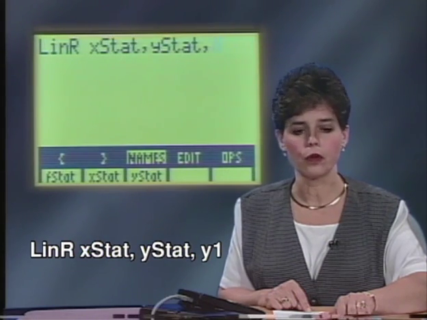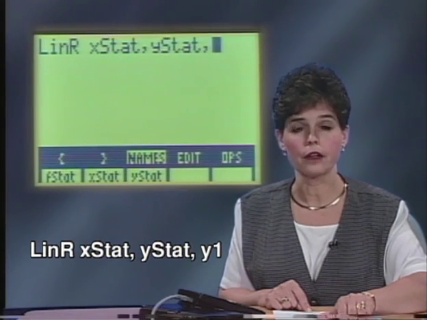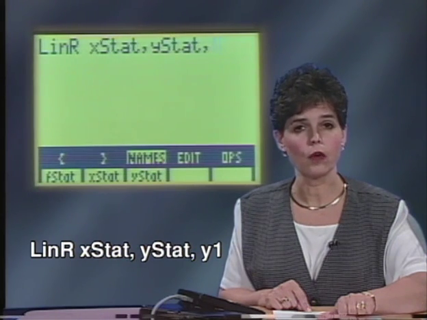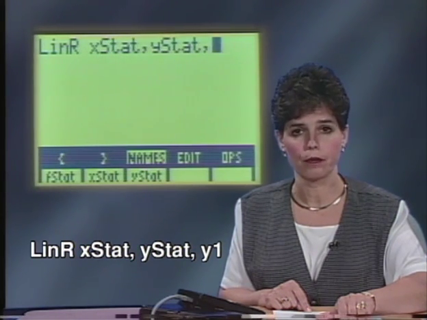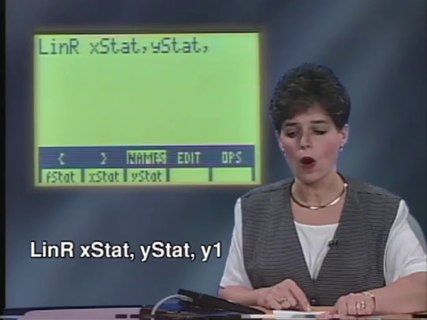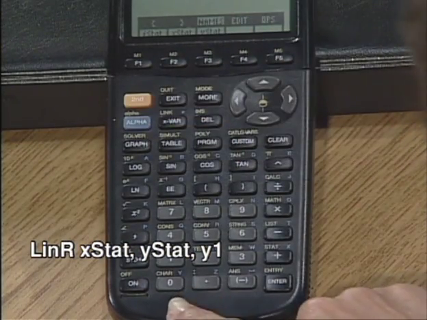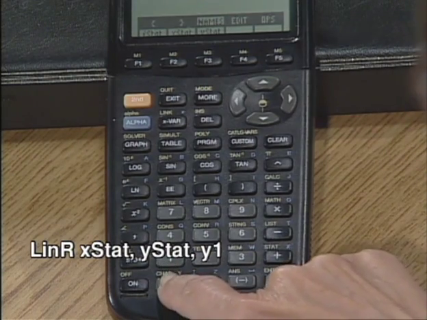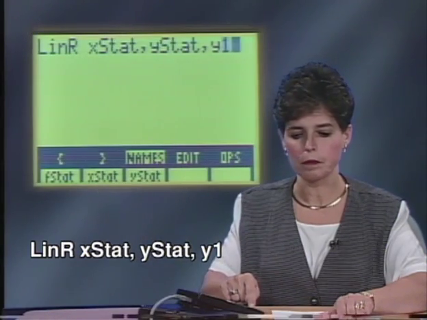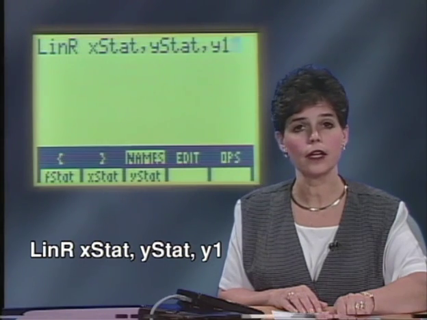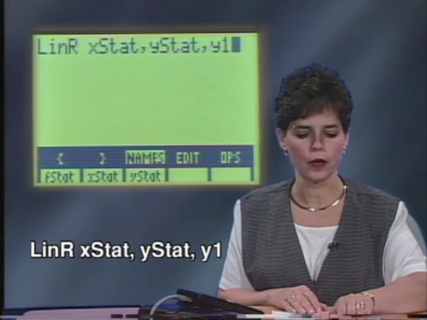And the next thing that we're going to put in is a y1 to tell the calculator where we would like the function to go. So let's get a lowercase y with second alpha and get y down here above the 0, the number 1. Okay, now when your screen looks like this, you are ready to go on.